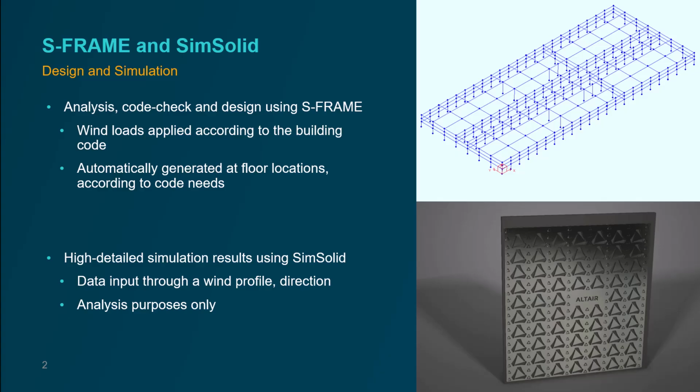And most importantly, this is for analysis purposes only. We are not running any kind of code check or design process in SimSolid. This is only for analysis to verify that the results could be acceptable for our criteria.